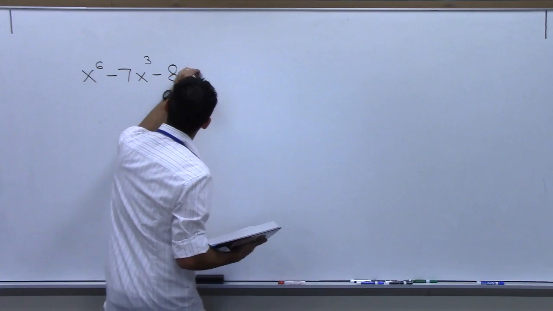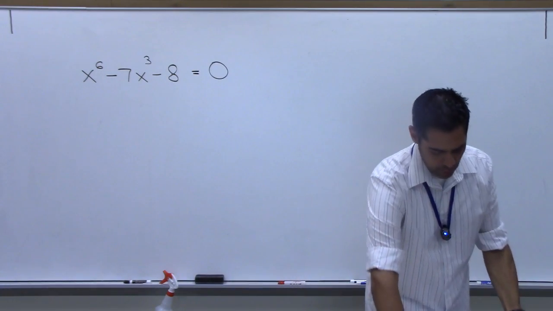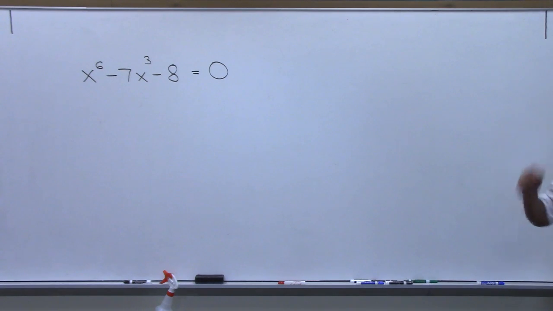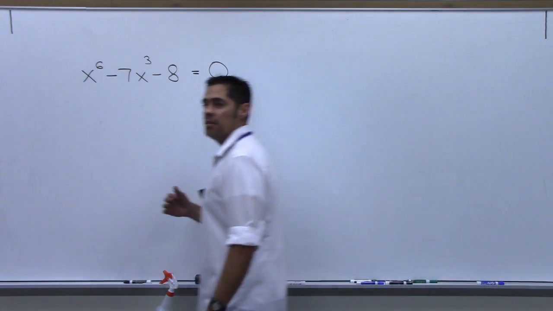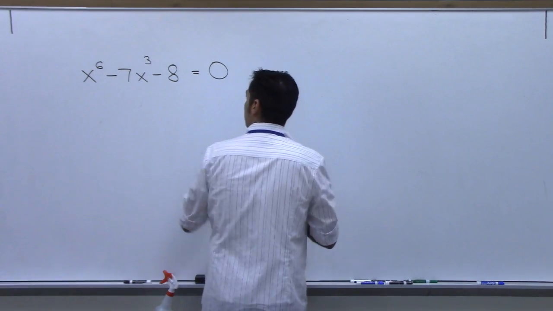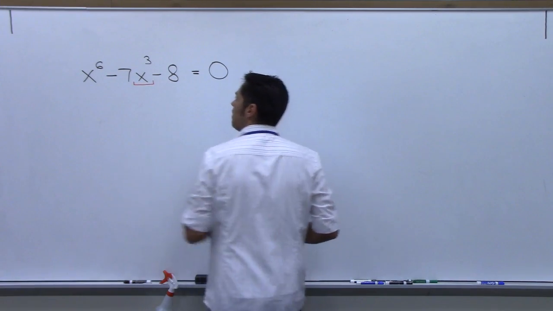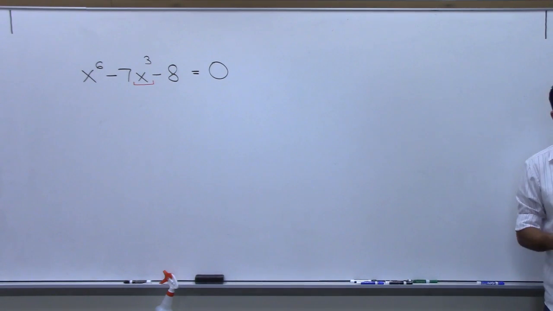I think I'll work a little faster through this one. This one is pretty straightforward. That is not a quadratic in x, but it is a quadratic form equation. I've got 3 terms, right? It looks like if I take the x cubed to be my u, then x to the 6th is x cubed squared, right?